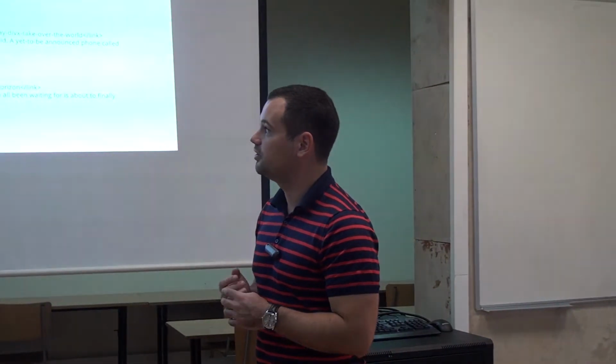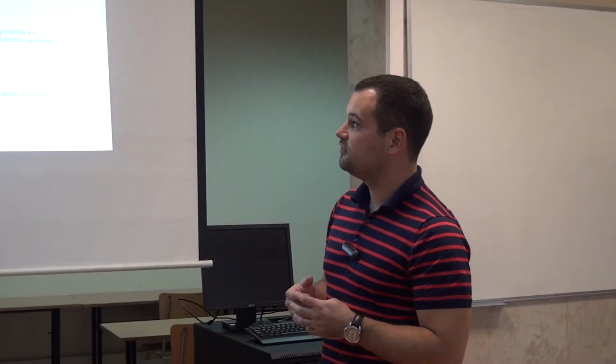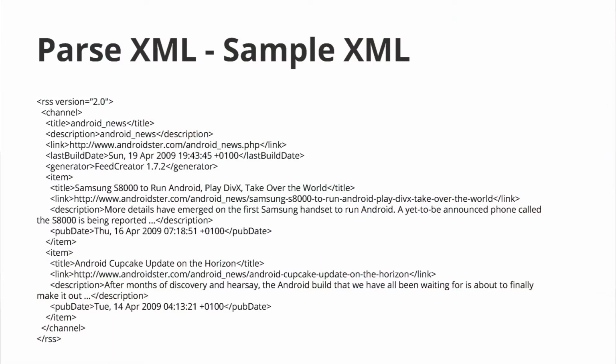So, as we started, we did a request to an RSS feed. It returns the response. The response is well formatted XML, and we need to parse it. Why do we need to parse it? Because you want to show it to the user somehow. You don't want to just show him tags.